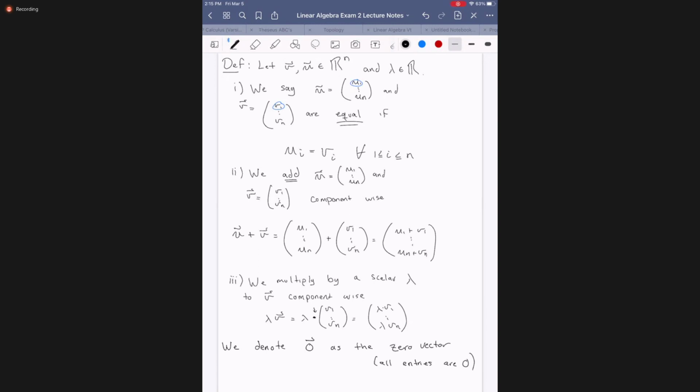So now we have gained meaning for addition and multiplication, and we gave notation to the 0 vector, or the 0 list.